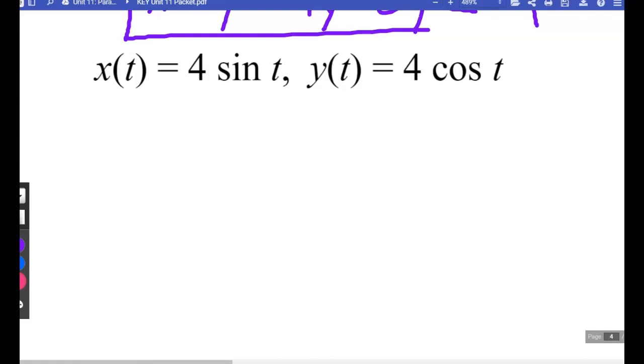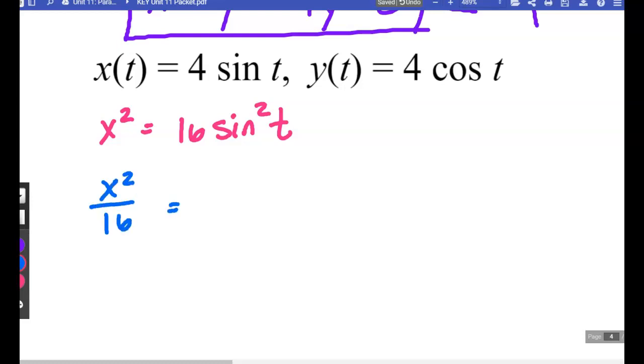I'm going to square both sides. So I get x squared is equal to 16 sine squared t. Then I'm going to get the sine squared all by itself by dividing both sides by 16. So I have x squared over 16 is equal to sine squared t.